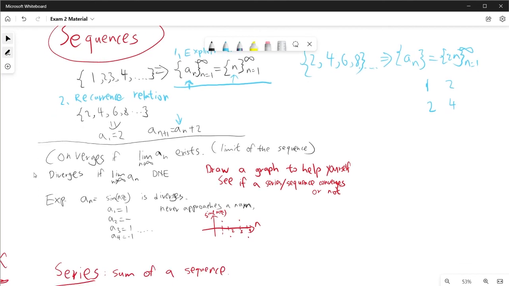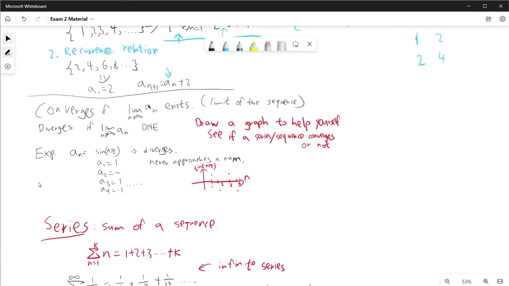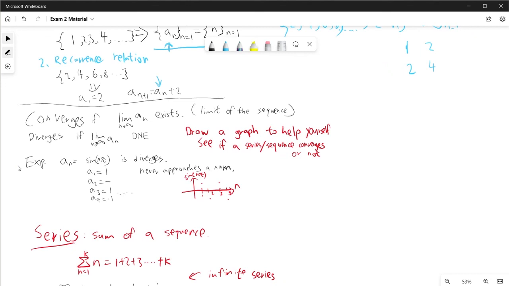Moving on. We can conclude on the convergence or divergence of a sequence if the limit of that sequence at infinity exists. So for example, you might have a sequence, we write it on the right hand side. Let's say it's 2 over n.